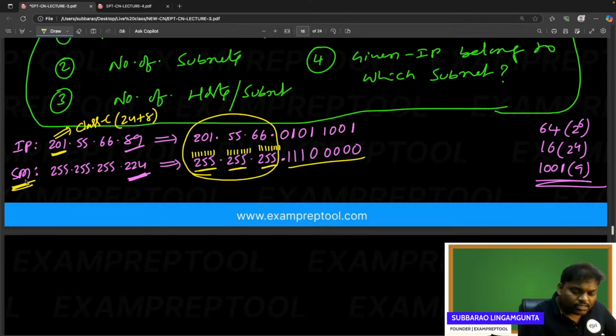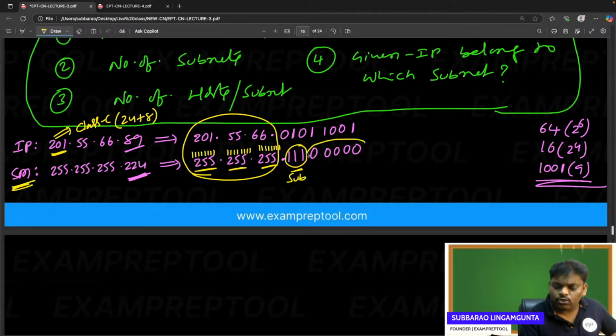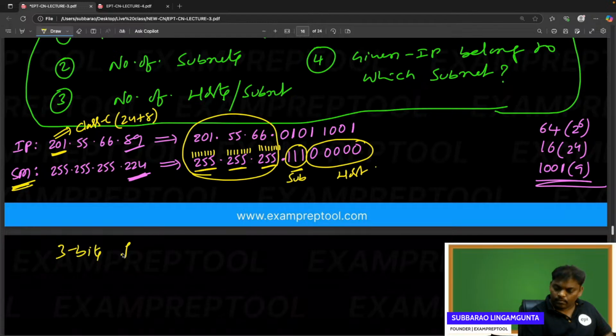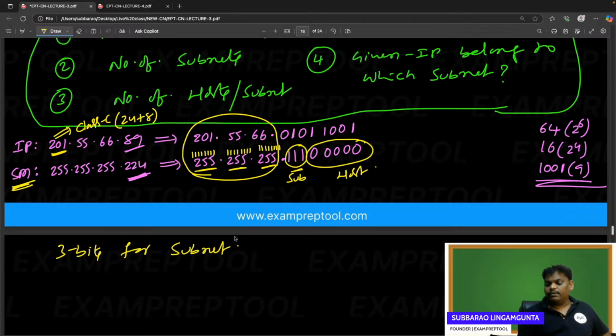But because it is a subnet mask, after the network part is over, wherever ones are there, that is the subnet. That is also okay. This is the host part. So if anyone asks you how many bits for subnet? 3 bits for subnet.